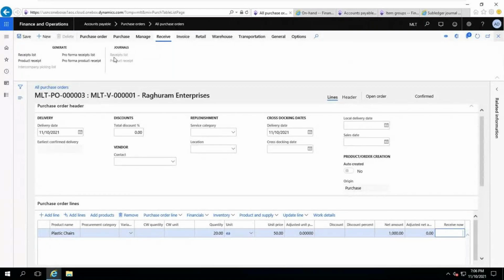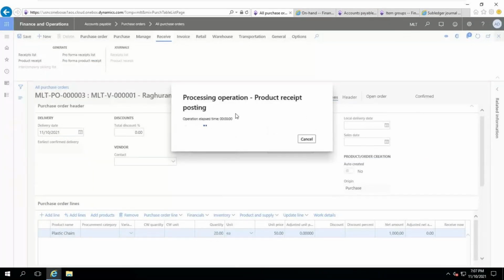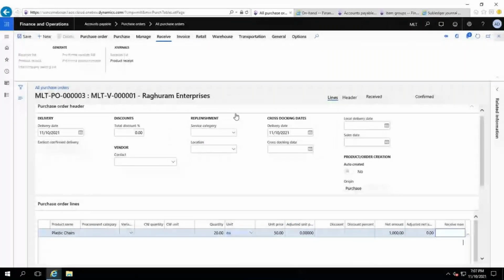Now I am doing product receipt. Now without any error message, it will be posted. Now it was posted without any errors.